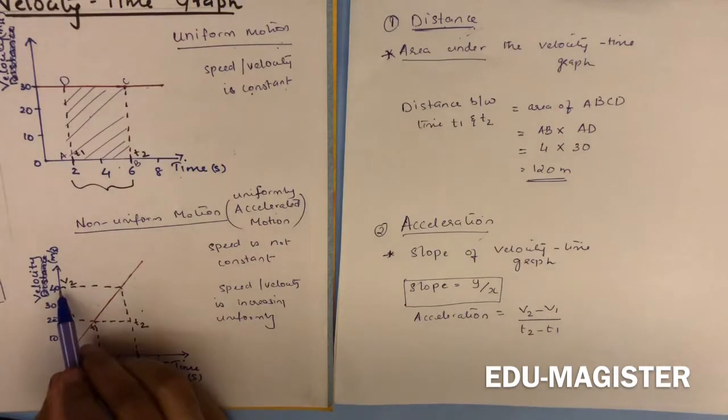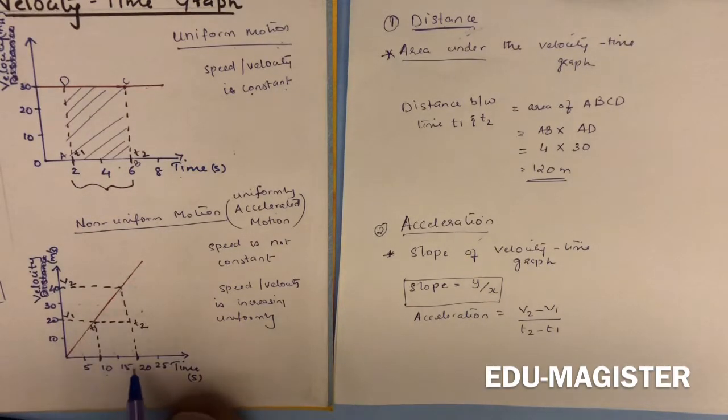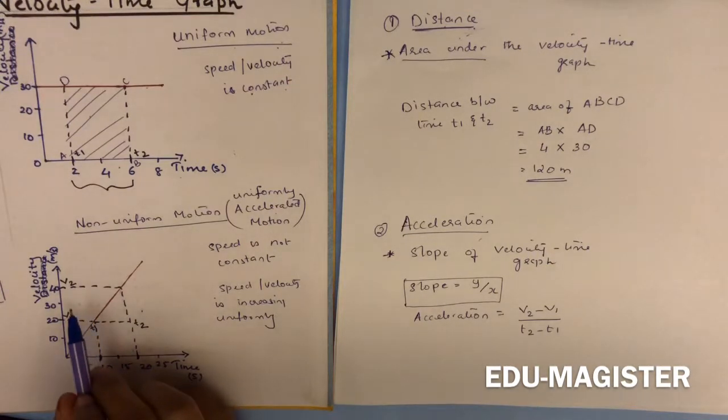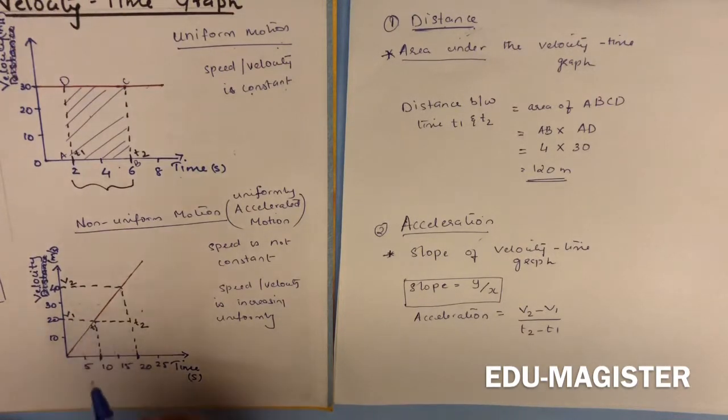So we find the change in velocity in the time interval that we have considered, and then divide it by the time. So here velocity change is V2 minus V1, and time we can consider as T2 minus T1. Thus we find acceleration.